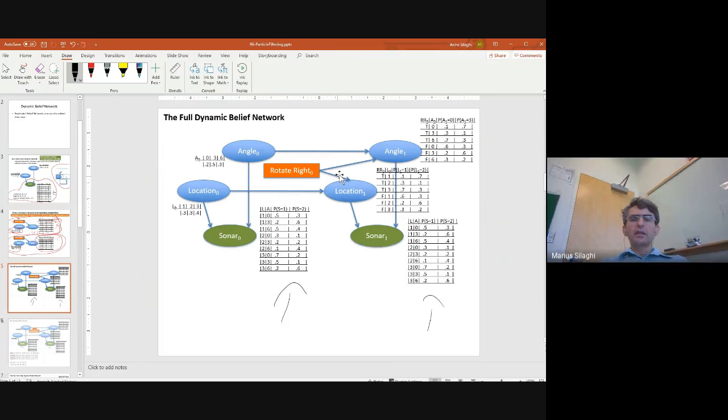Okay, so this keeps being replicated like that. From angle 1, location 1, you have a rotate right action 1, and that goes further to angle 2 and location 2 and Sonar 2 and so on. Any question?